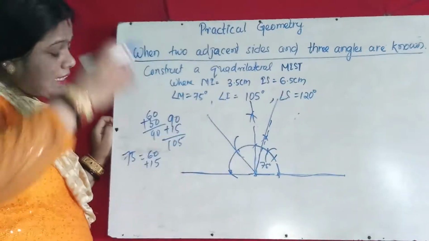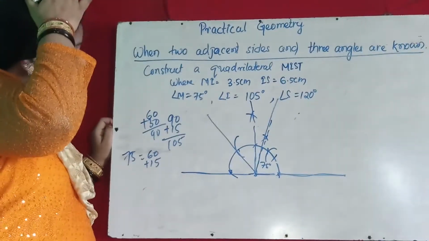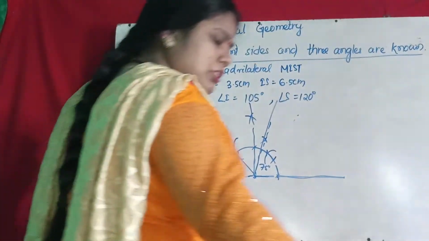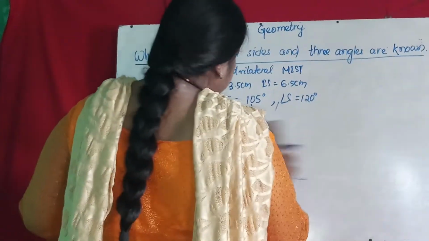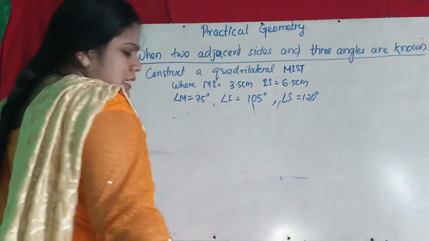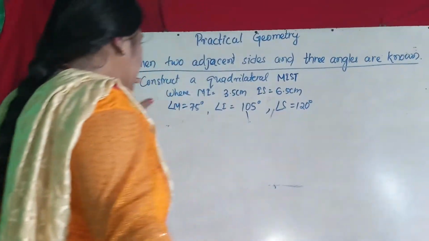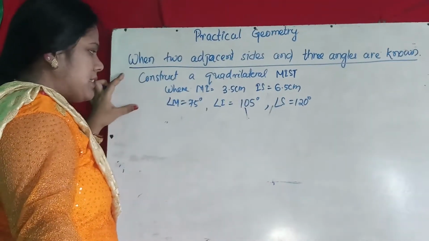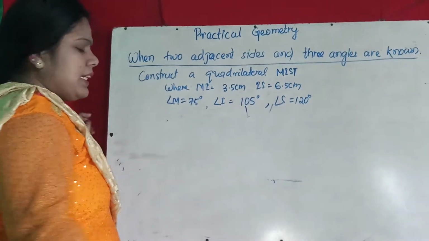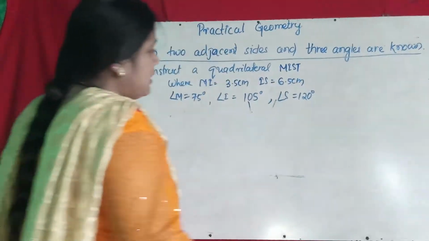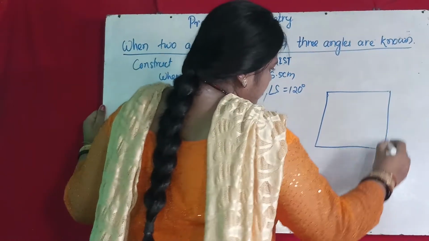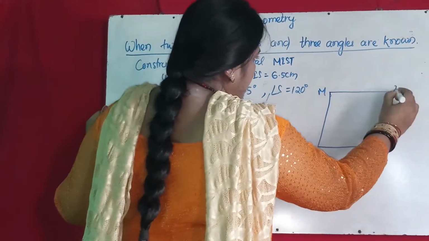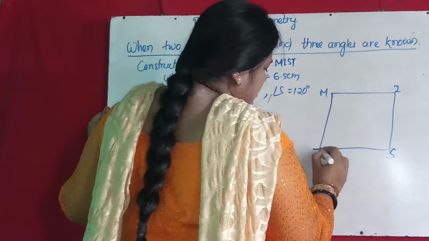Like this we will draw given angles, which will help us construct the given quadrilateral. First, I said these are the given information, then draw a rough diagram. Suppose M-I-S-T.